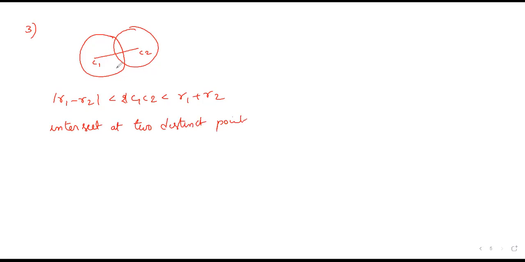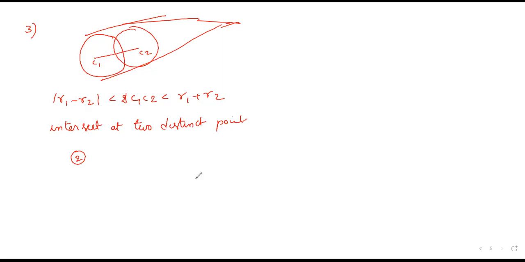In this position, we get only two direct common tangents and no transverse common tangent. So the number of common tangents is only two. The condition for the two circles to intersect is: mod R1 minus R2 is less than C1C2, which is less than R1 plus R2.